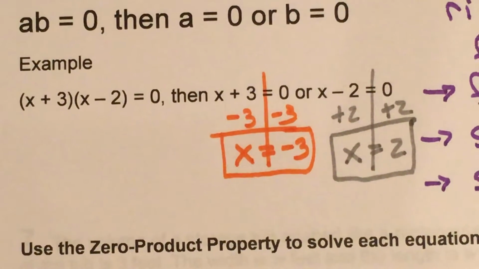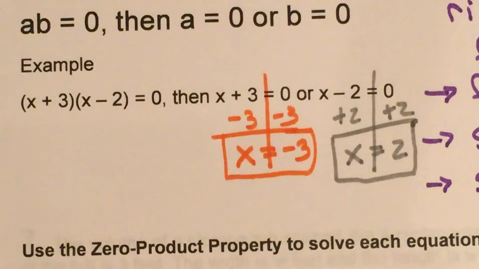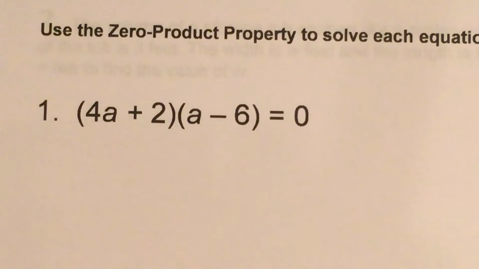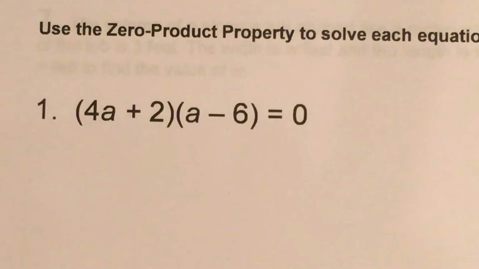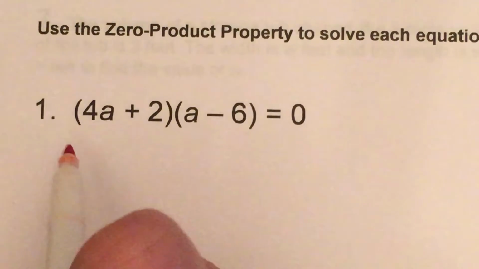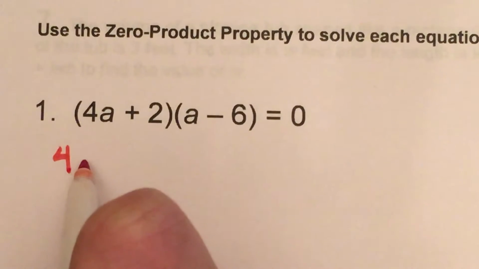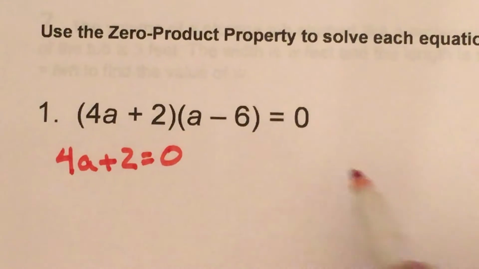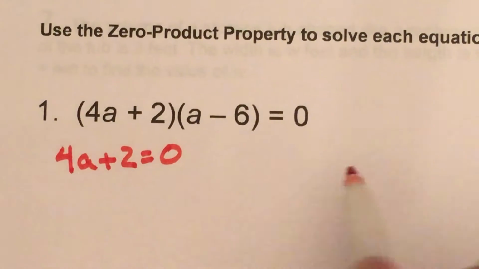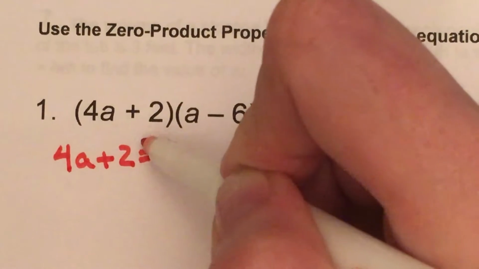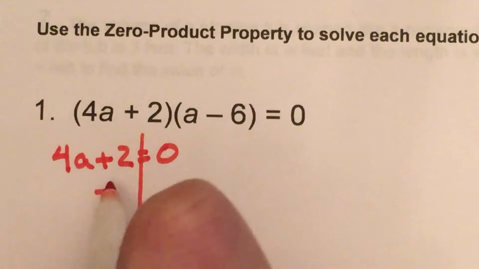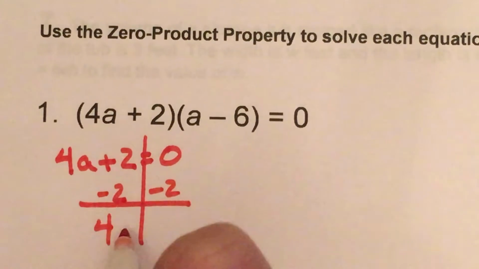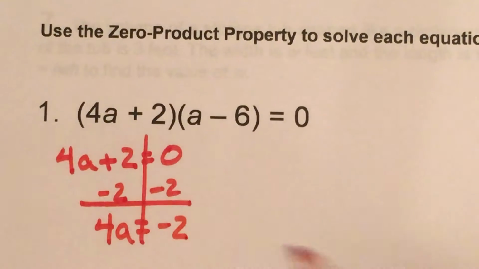So let's go look at problem number 1. Problem number 1 is already factored for us. That's really great. And you're going to set your factored binomial equal to 0. So now let's go solve for a. Subtract 2 on both sides of the river for a equals -2.